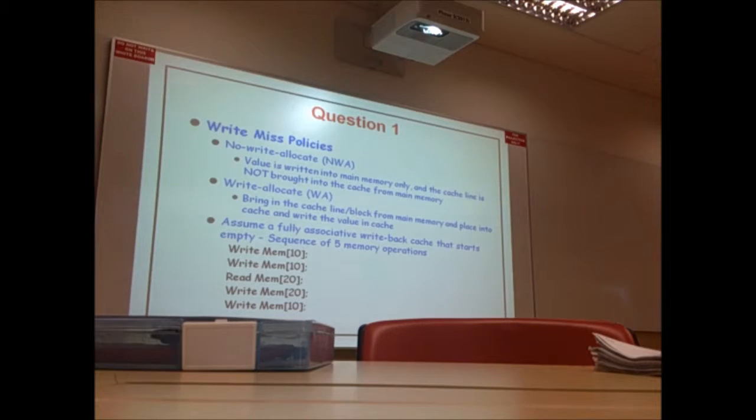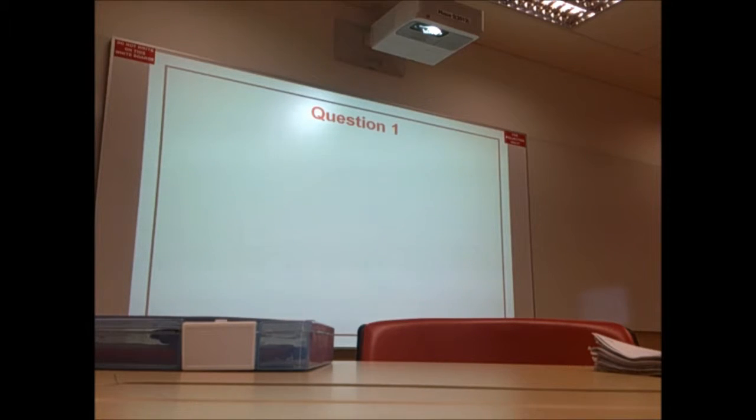And we're asked to analyse behaviour under these two policies, under the no write allocate policy and under the write allocate policy. And we're asked to calculate the number of hits and misses.